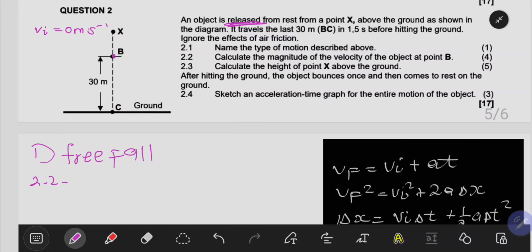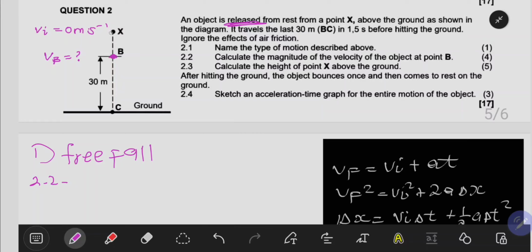We want V at point B. But we don't have much information, because from X to B we know the initial velocity is 0 meters per second, but at point B we don't know the velocity, which we're looking for.